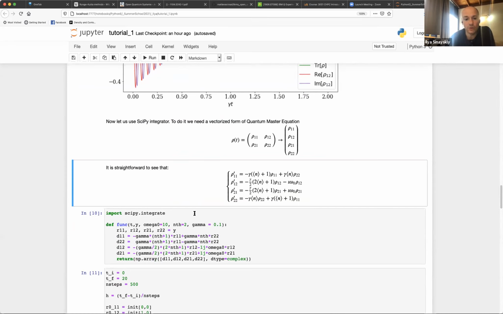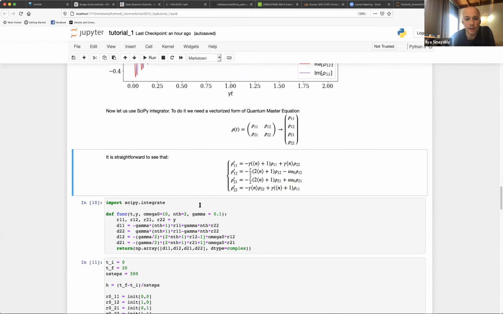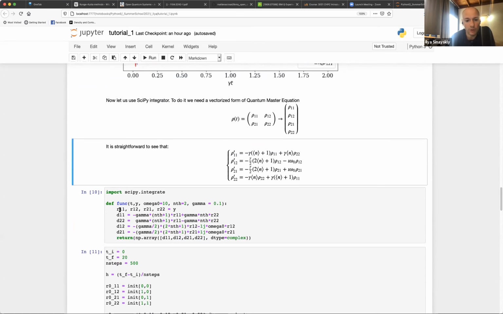So now we're ready to write the function for SciPy, which takes on input the current values of the elements of the density matrix and spits out not the iterated ones, but their derivatives. This is pure copycatting of Martin's code from the morning session.